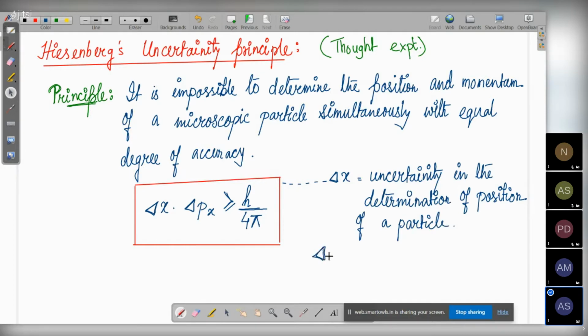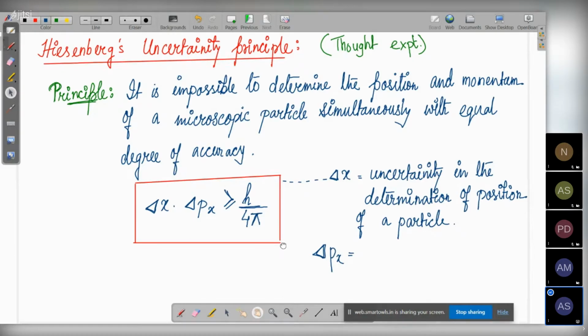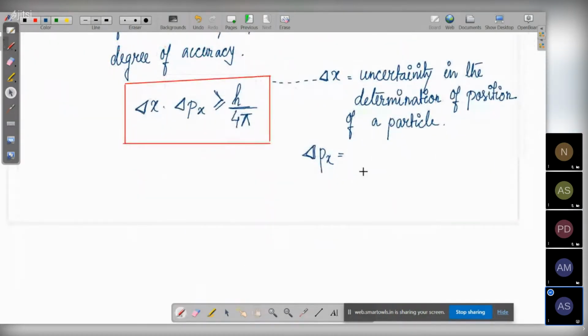Delta px is the uncertainty in the determination of momentum of a particle.